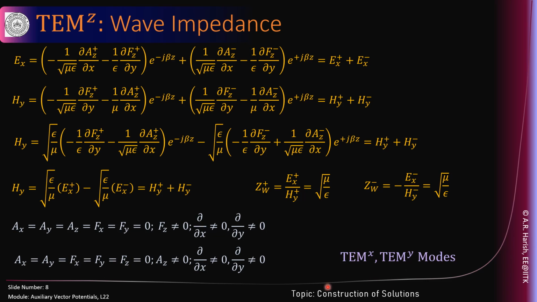Similarly, you can also come up with TEM to X and TEM to Y modes. You have to switch off a particular component, switch on a particular component, or switch on a pair of components, and then you can get TEM to X and TEM to Y modes. Please do it. It's very interesting, you will develop a new feel for these results.